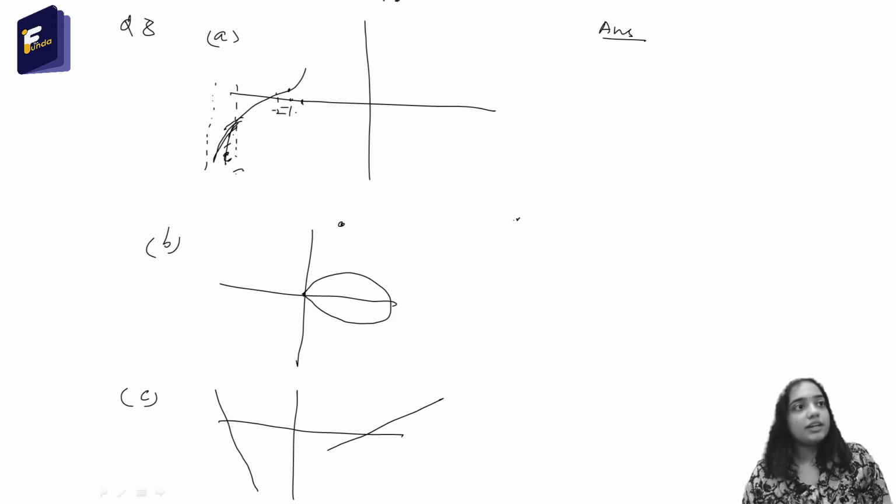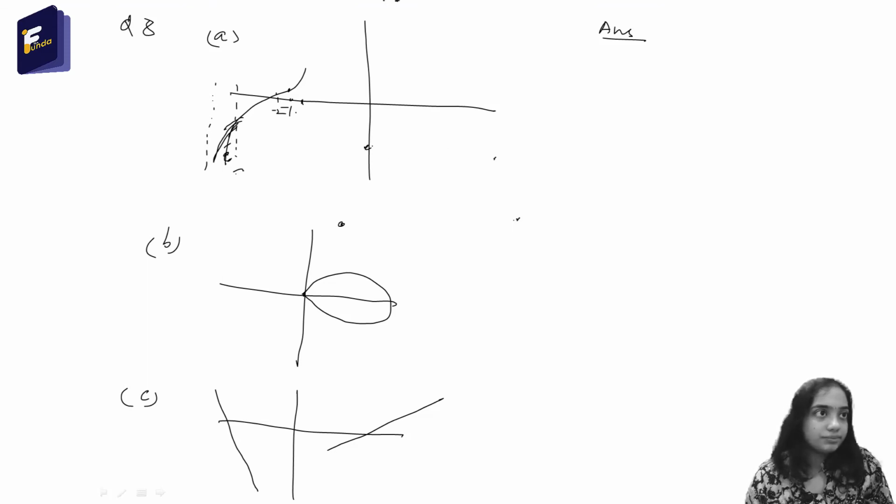Suppose at -2, if I draw a vertical line and there was another point where this vertical line touches, that means at -2 we are getting two outputs, this one and this one.